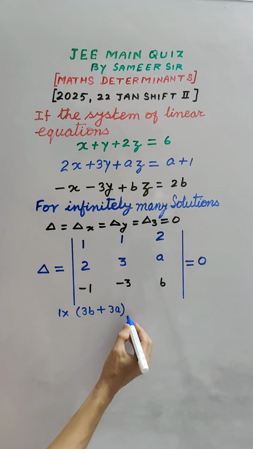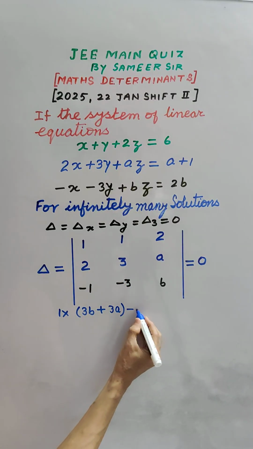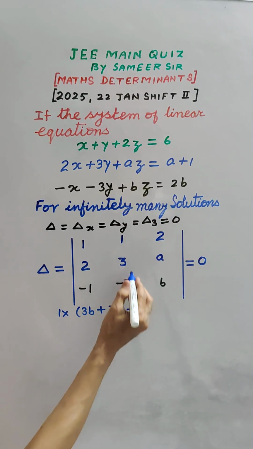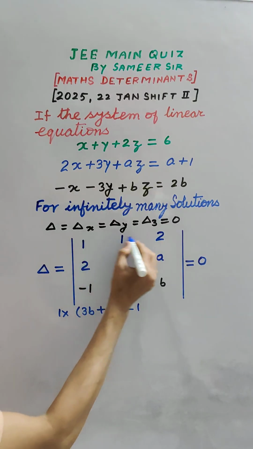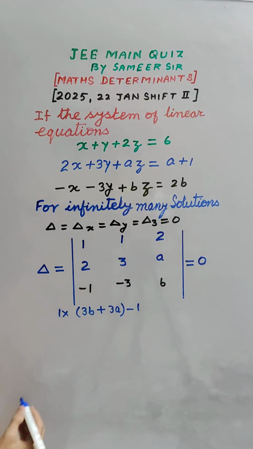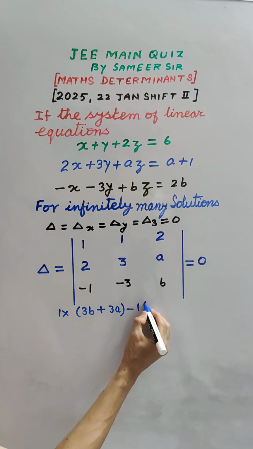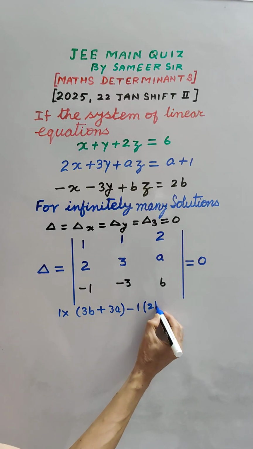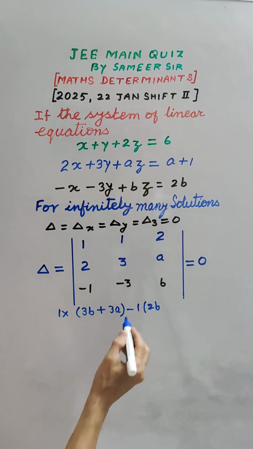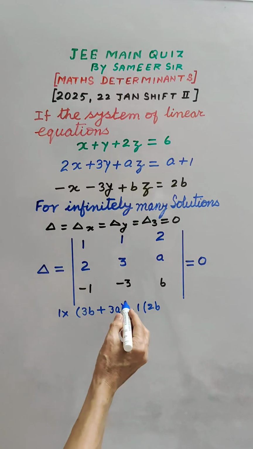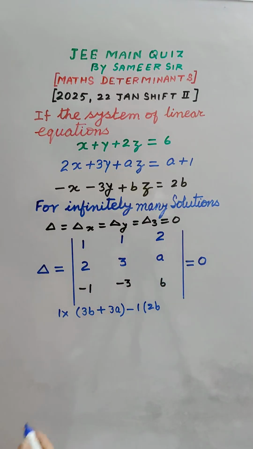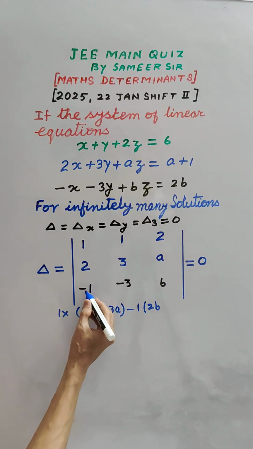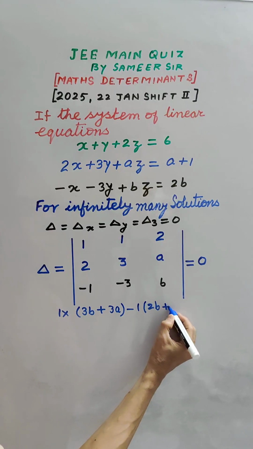Now taking the second, minus 1 into, leaving this and this both, 2 into b, so that will become 2b, and -1 into a, minus plus, so plus a.